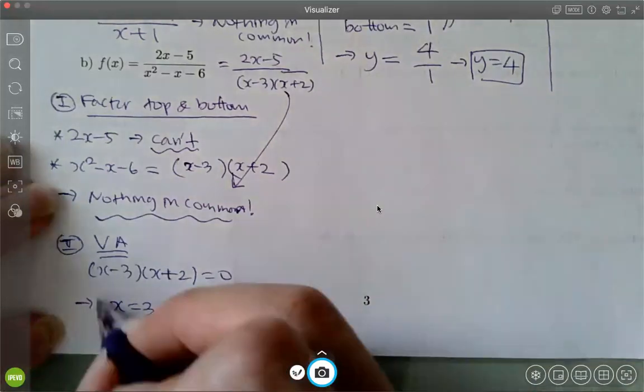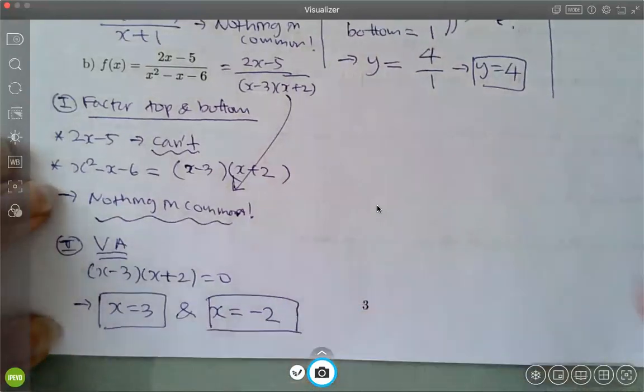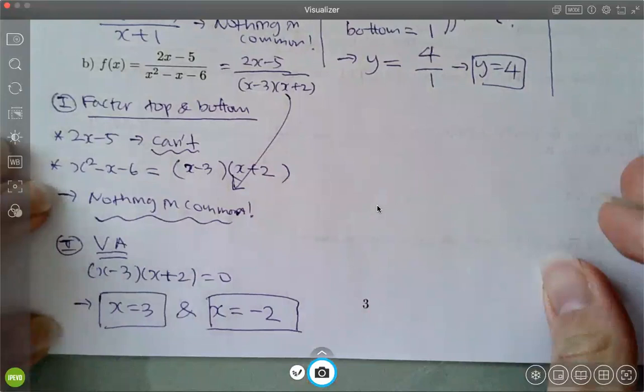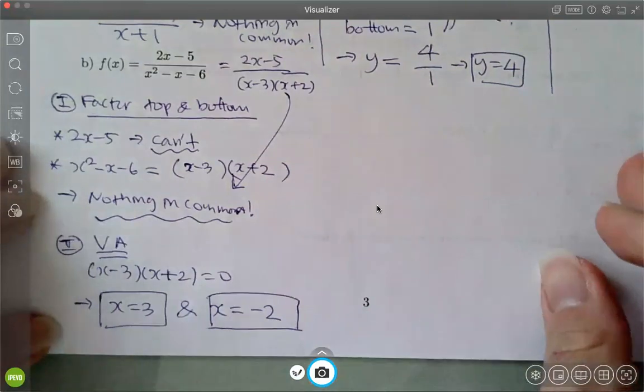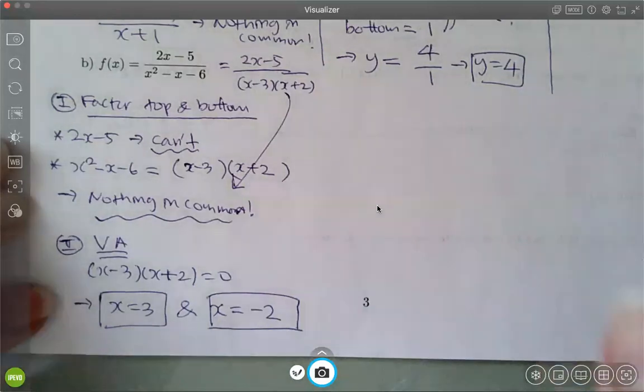Is it normal? Oh yeah. Sometimes for extremely hard rational functions, you can have like 1,000 vertical asymptotes. I'm not joking. That also happens. But just keep in mind, one vertical asymptote is not the only case. You may see multiples, okay?